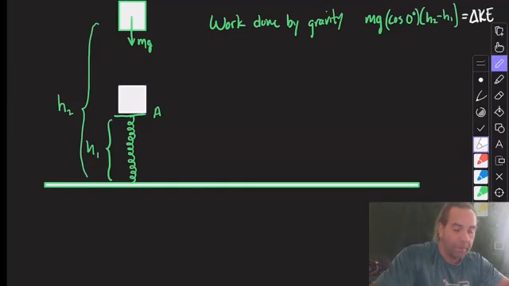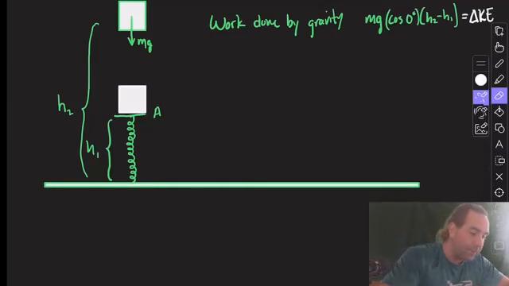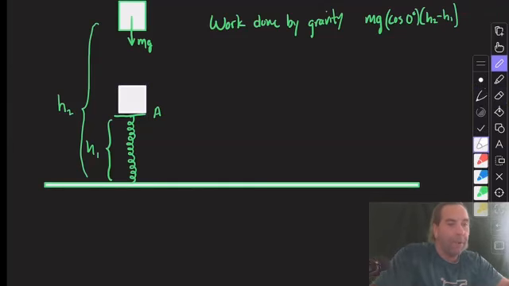Now, what I want you to do instead is consider this. Could you, using what's been given here, figure out how far the spring is compressed when the box hits the spring?